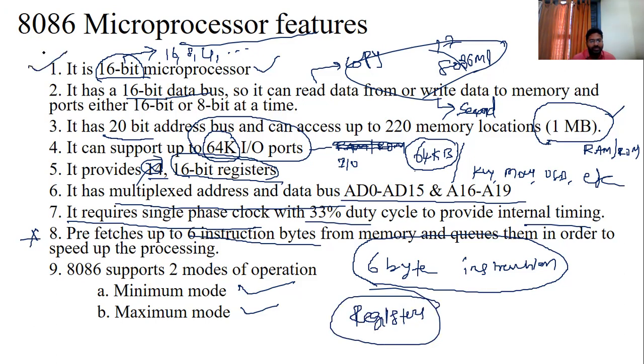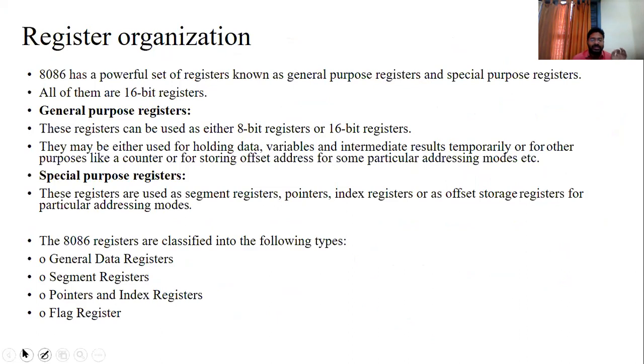So the first one is the 16-bit register. I'll tell you why, you can see this register. We divide the registers into two types: general purpose registers as well as special purpose registers.